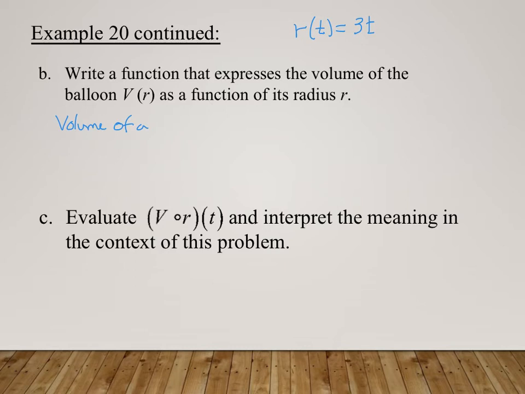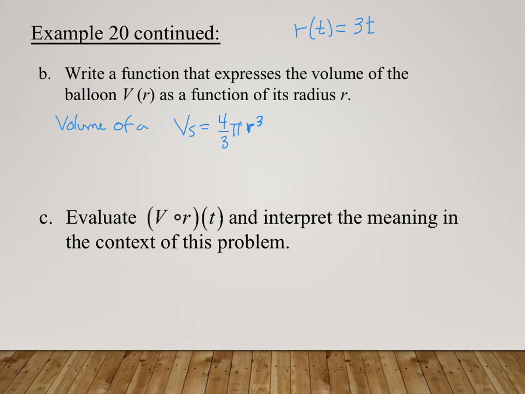So the volume of a sphere is nothing more than the following. It's 4/3 pi r cubed, right? So that's the volume of a sphere.